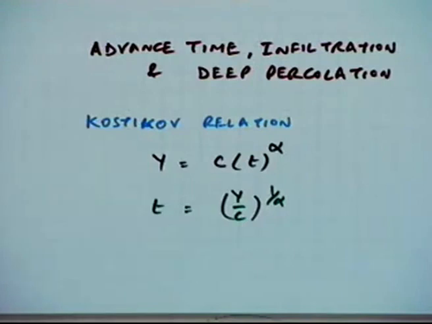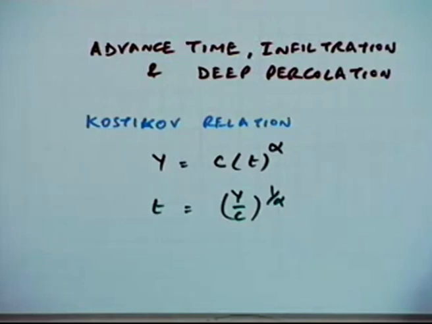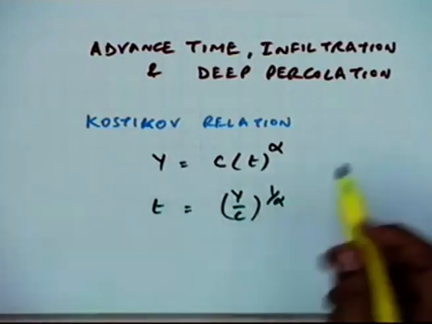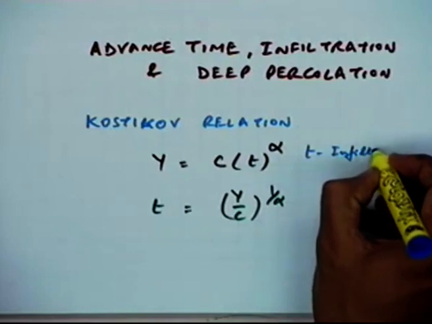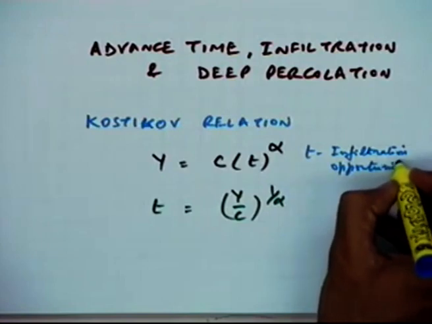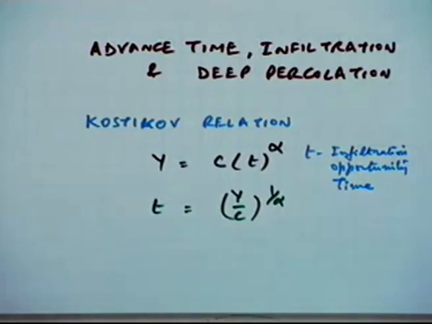I can approximate this T, which is the infiltration opportunity time, to this T here, as we have used, this T is nothing but infiltration opportunity time. Which means that at the surface of the ground, for how long the water was available and for how long the infiltration opportunity was prevailing.